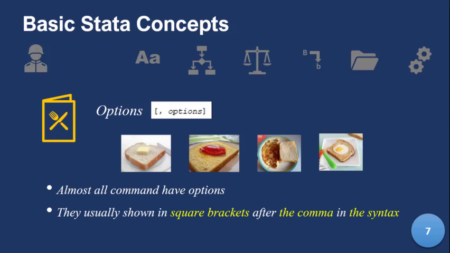So even the kind of egg can be an option, and options are usually shown in square brackets in the help section. It's very important to know that they come in different options. We're going to talk about that also in the practical sessions. Almost every command has an option, and it's very important to know the powers of the option.